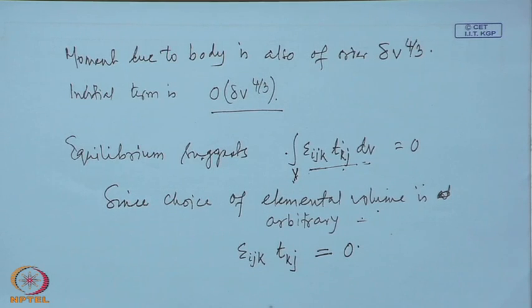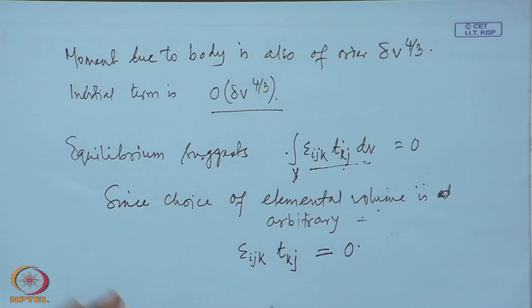So, if j is 2 and k is 3, then it becomes epsilon 1 2 3, that is plus 1, t 3 2. And when you make j 3 and k 2, this epsilon I j k becomes minus 1. So, t 3 2 minus t 2 3 equal to 0.